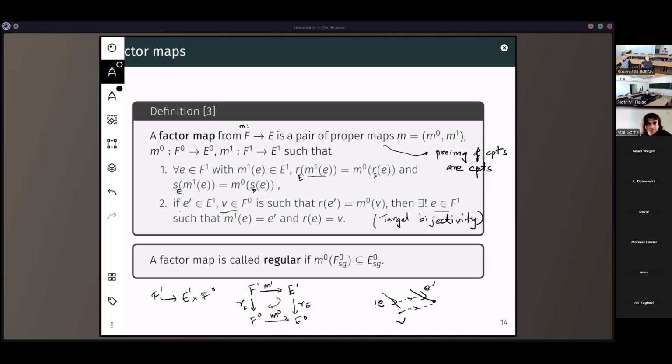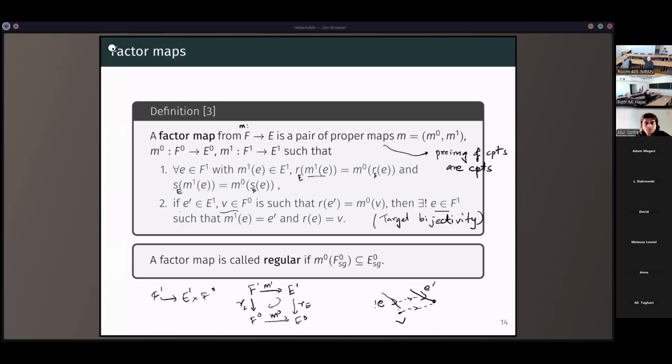And that's good. I emphasize it because this is a very important feature. Very recently, with a bunch of coworkers, we classified all possible graph homomorphisms, and I'm sure it's possible also for topological graph homomorphisms of Katsura. The reason why we can do it so easily is precisely because of this target bijectivity condition, which basically tells you: give me a vertex map, and then I can give you everything else.